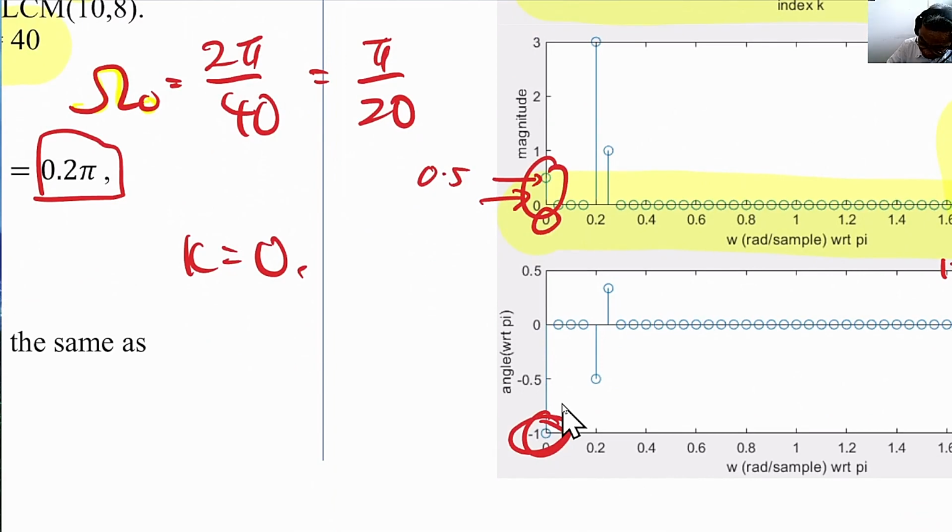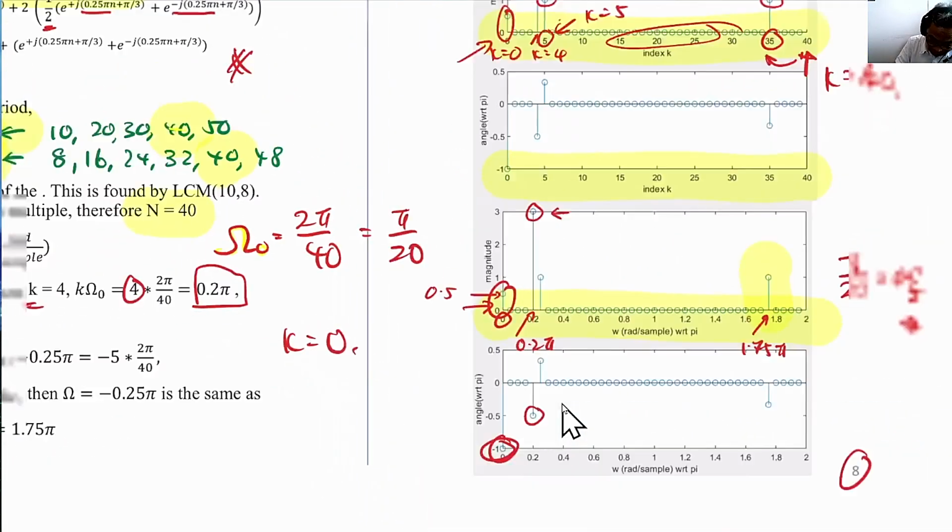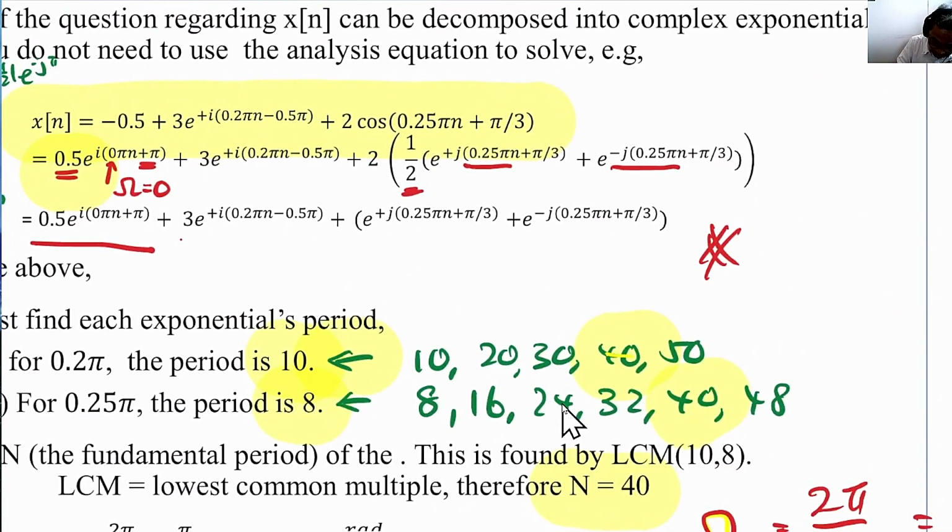Now what about here? This frequency is 0.2 pi. At 0.2 pi we have a magnitude of 3 as well as a phase shift of minus 0.5. This is correct. We have a magnitude of 3 at frequency 0.2 pi with a phase shift of minus 0.5.